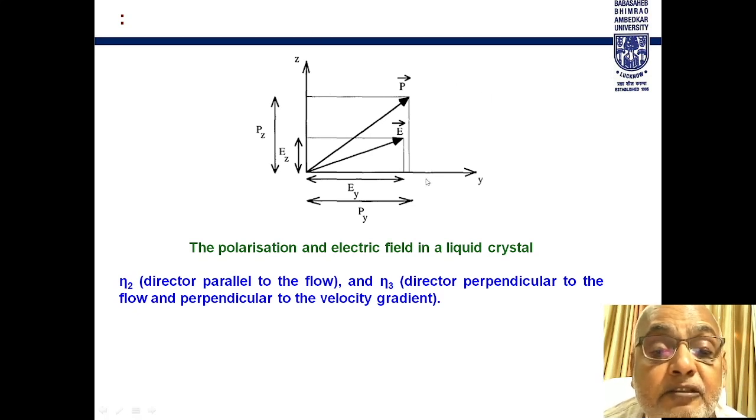This diagram shows the polarization and electric field in the liquid crystal, with N2 director vector parallel to the flow and N3 director vector perpendicular to the flow and to the gradient.